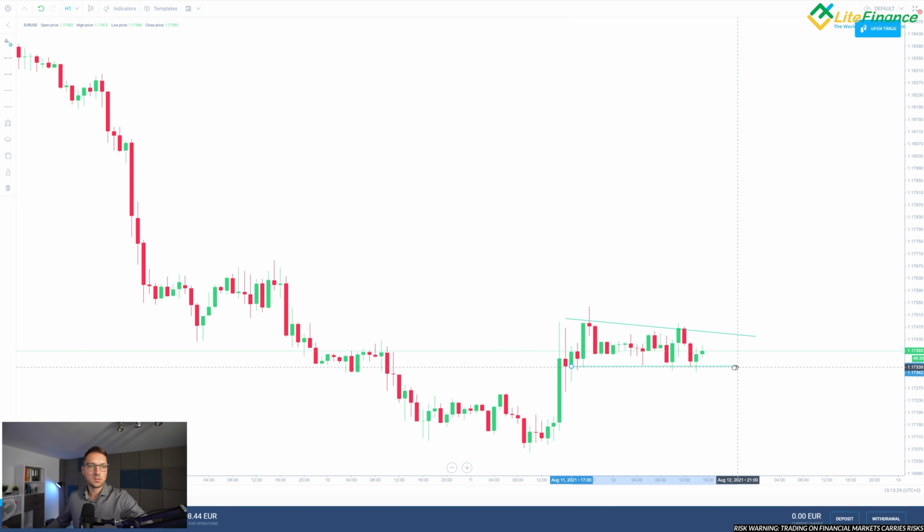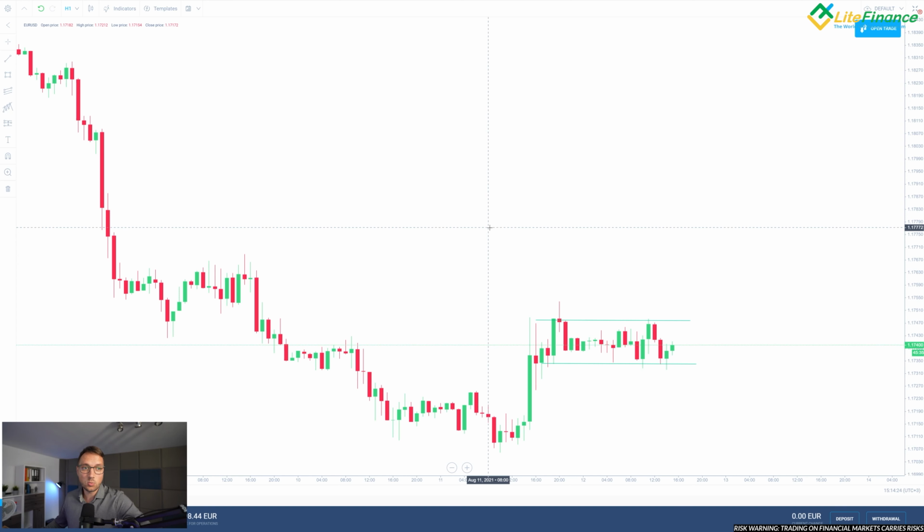If we draw those lines like that, maybe not ideally, we can have a double top, and it is a matter of which way we will break those support and resistance. So right now it would be hard for me to explain where to look for the best scalping opportunities.